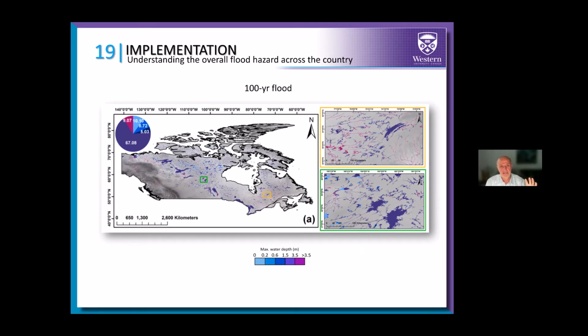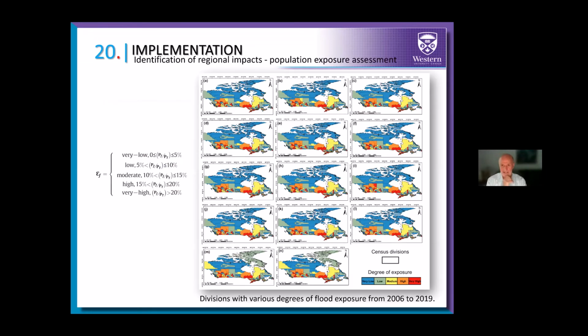The second implementation is analysis of the potential impacts of the flood hazard. The idea was that existing floodplain maps generated through this methodology can be overlaid with other pieces of information in order to assess the impacts. As an example, we selected to illustrate the population exposure to flooding across the country.